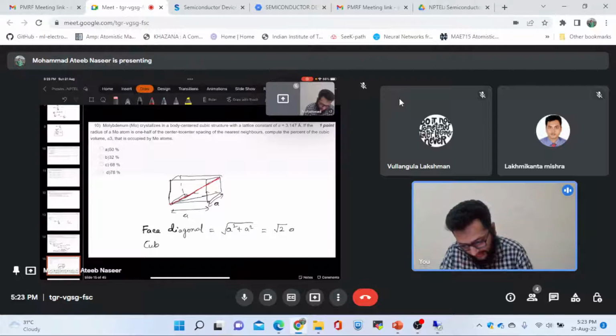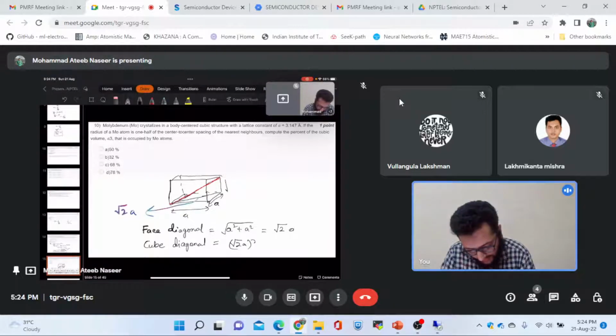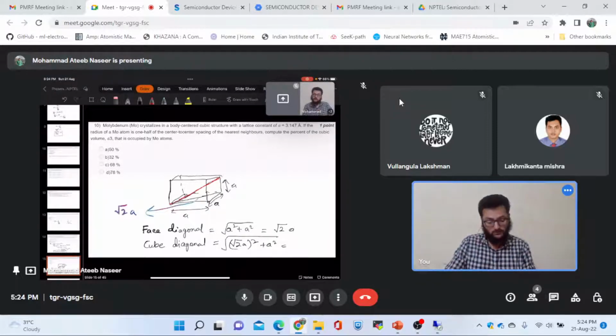Since we found this to be equal to root 2a, this cube diagonal length will be equal to root 2a whole squared plus a whole square, and this will simply be equal to root 3a.